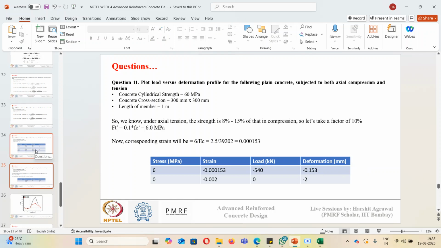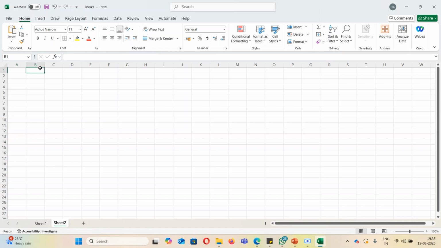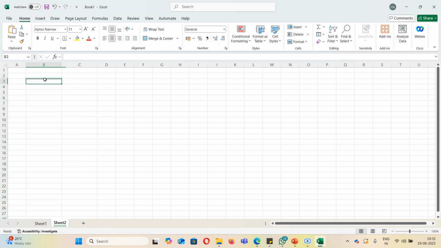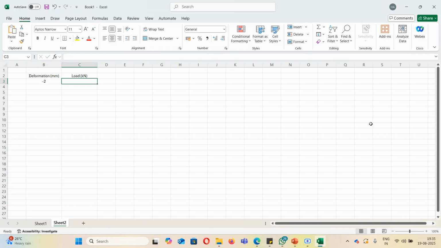Again we have all the points, so we'll do the same thing that we did in the last question. We'll form the load versus deformation profile. I will just extend this. I need deformation in mm and load in kilonewton. At minus 2 deformation the load is 0, as at minus 0.153 it will be minus 540.